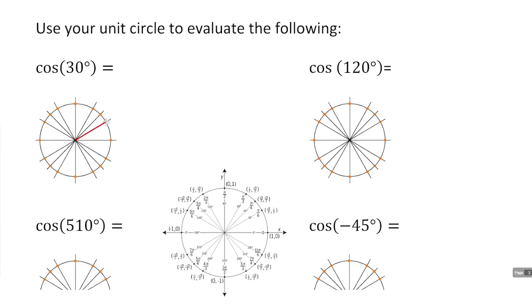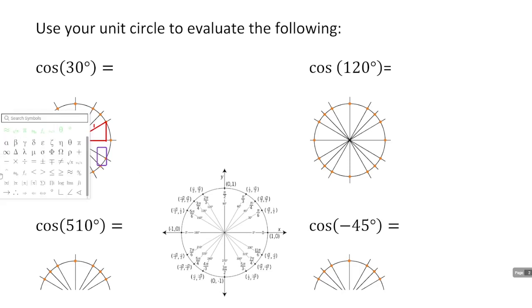If we draw a little triangle by dropping an altitude where that terminal side intersects with the unit circle, we've got a 30, 60, 90 triangle, where the hypotenuse is 1, and since cosine is adjacent over hypotenuse, we really only care about this adjacent side, and we know that side, because it's a 30, 60, 90 triangle, is square root of 3 over 2.